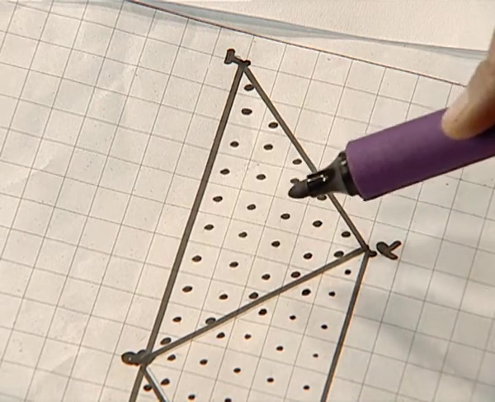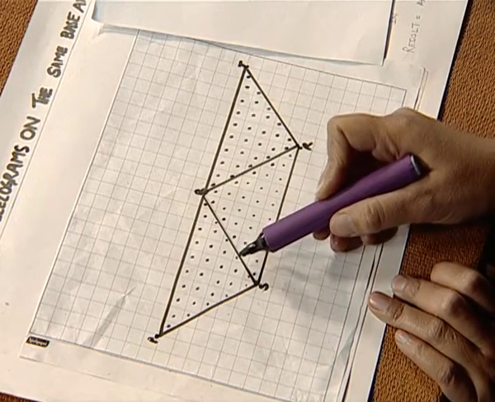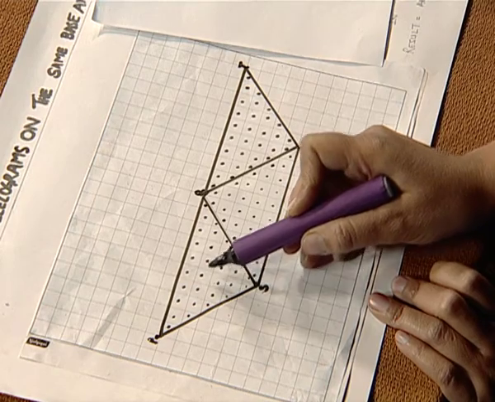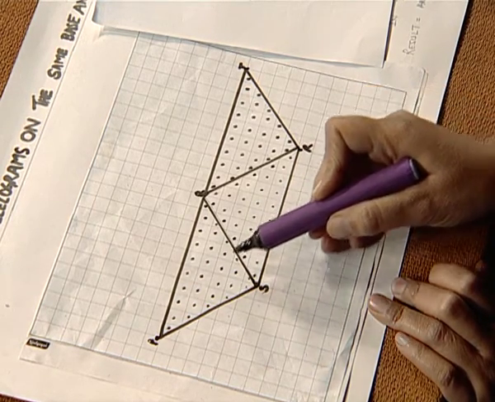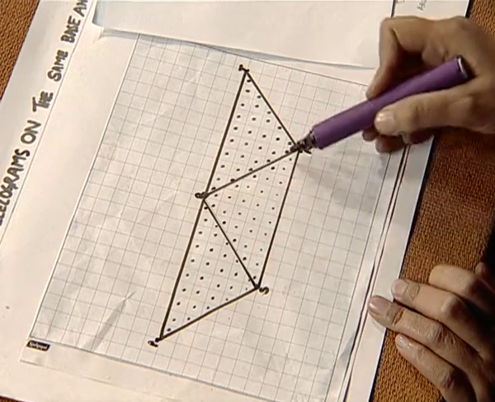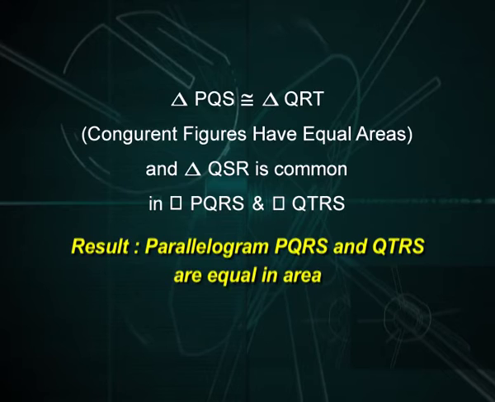So, what we observe is that parallelogram PQRS is of area 25 centimeter square plus 25 centimeter square, equal to 50 centimeter square, as this parallelogram PQRS is made up of two triangles, as we have seen earlier, triangle PQS and triangle QRS.